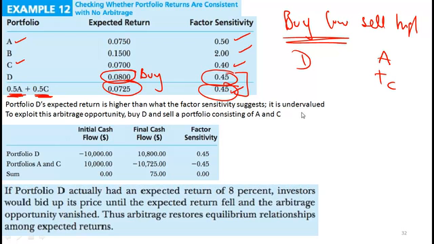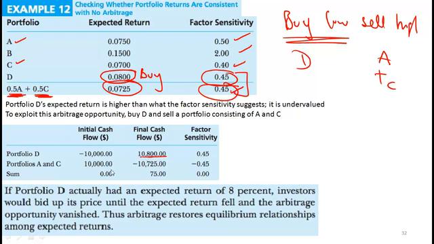Now if you do that, when you buy D, what's your cash outflow? So you are buying D, and then at the end of the period, if you get your 8%, you go from 10,000 to 10,800. And A and C you shorted, so you got the money.